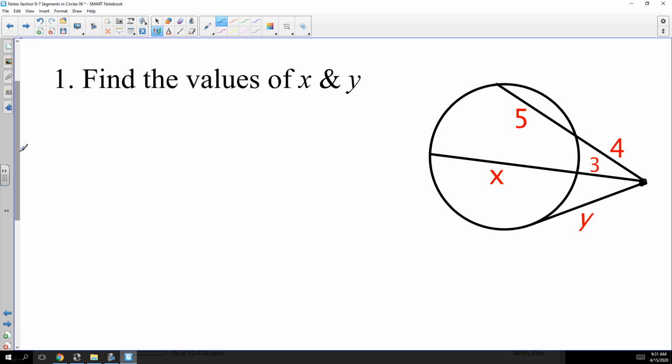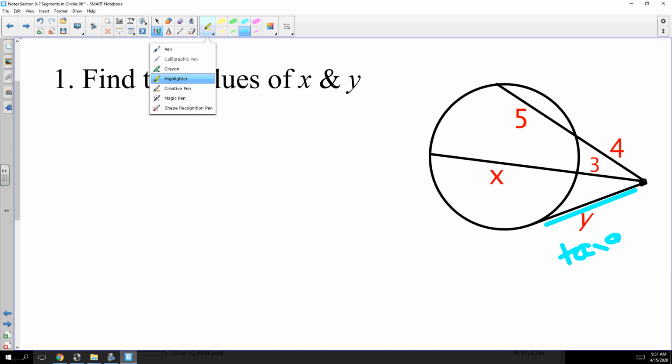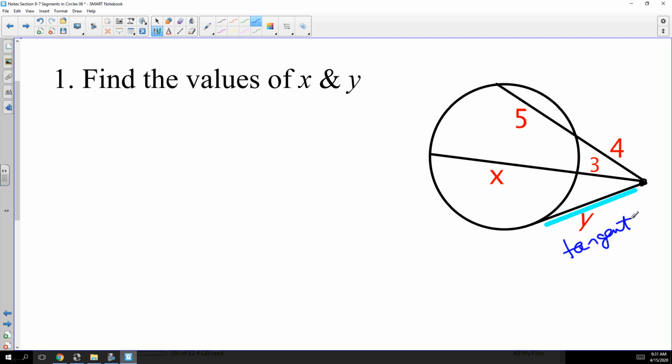We've got a lot going on in this picture. I look at this picture and I see a few things. I see a tangent, right? Here's a tangent. We're going to have to use the regular pen because that won't go straight. But we have a tangent segment, so let's take a look at that. Tangent segment. We have an external secant right here.